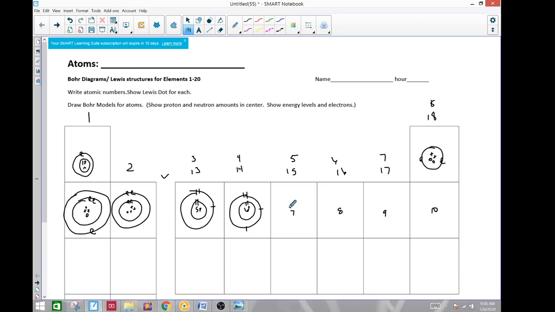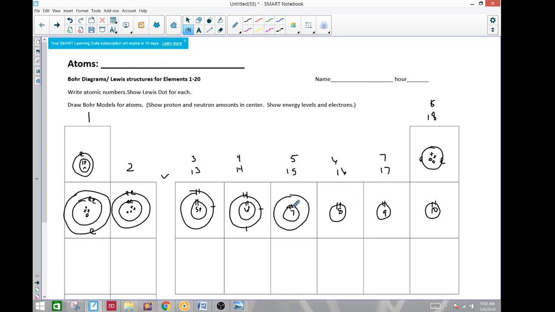And then we'll go with this 1, 2, 1, 2. So all of these are full, the first energy level at least. And we have 1, 2, 1, 2. We just keep building up around it.